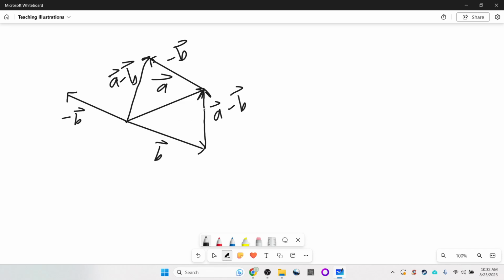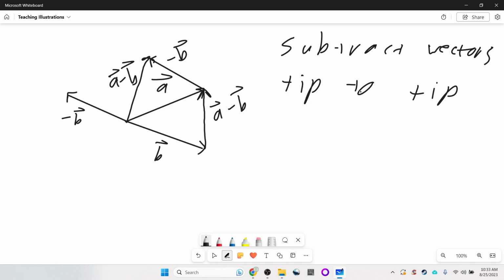You'll notice what happens is this is the tip of A with the tip of B. So you can subtract vectors tip to tip. Because we use tip to tail method for addition, we use tip to tip method for subtraction. So anytime you had a vector u and a vector v, this here is the same as u minus v. Or v minus u, depending. Since we started on u, it should be u minus v.